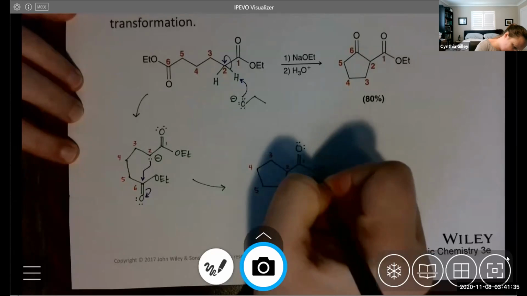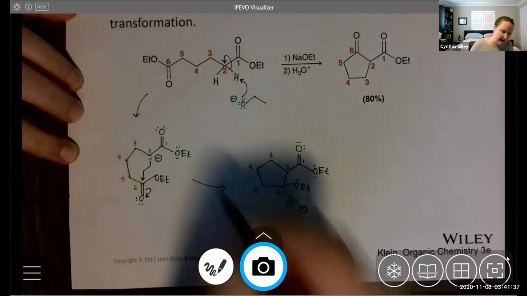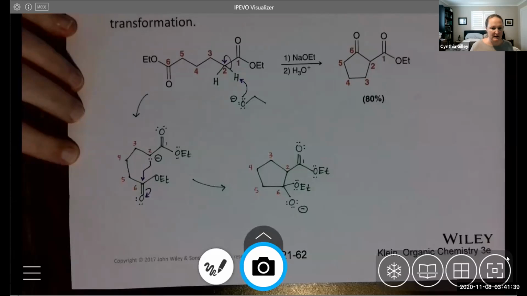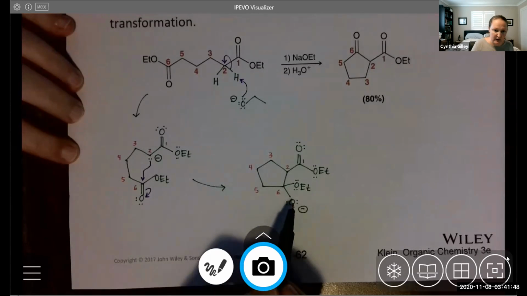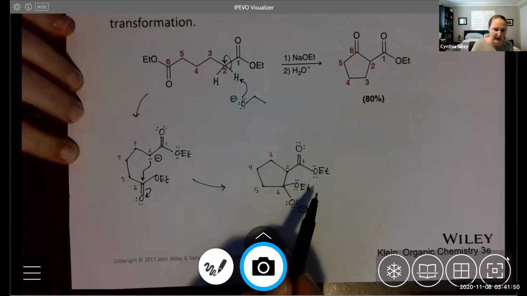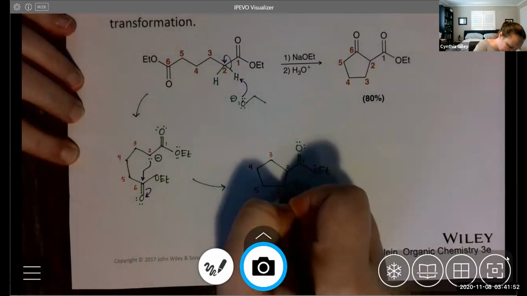I'm going to make sure I don't forget lone pairs as I'm drawing this mechanism. Okay, so now we have our alkoxide intermediate, and we can do loss of a leaving group where we can kick out this ethoxide.